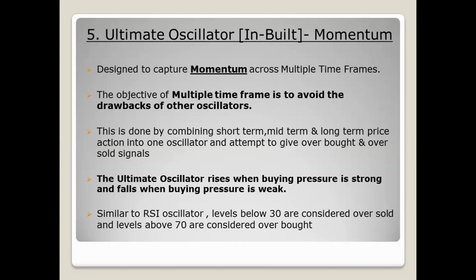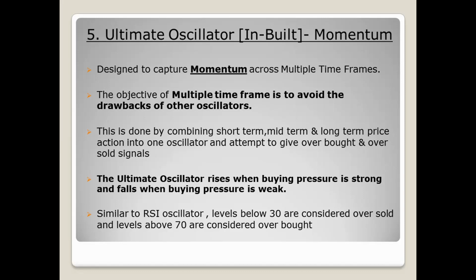Okay, so now we will come to the ultimate oscillator. It is defined to capture the momentum across multiple time frames. So earlier also I told about why we are using multiple time frames.